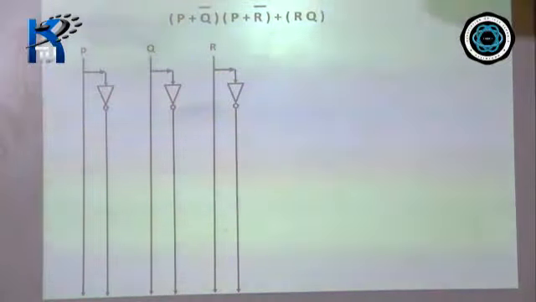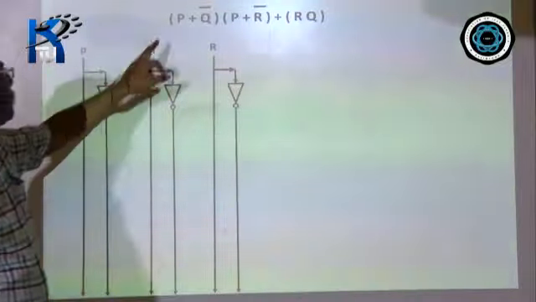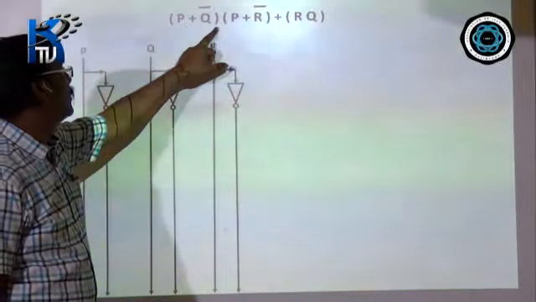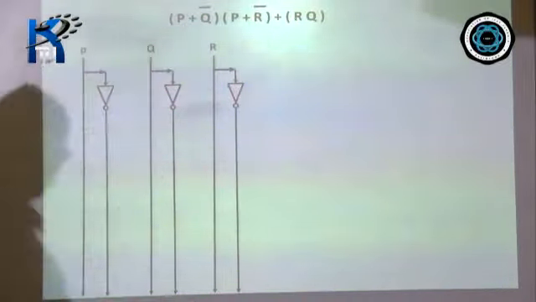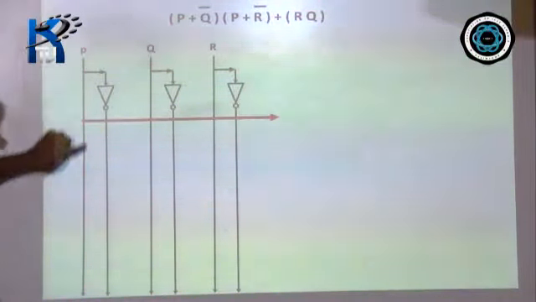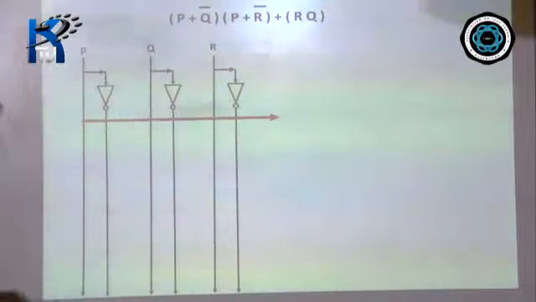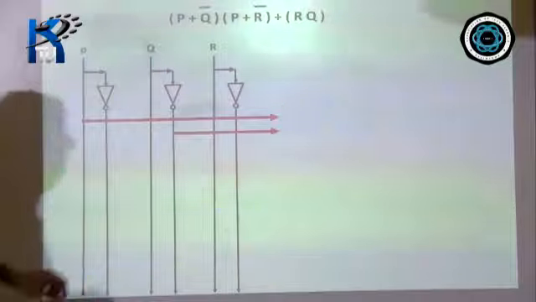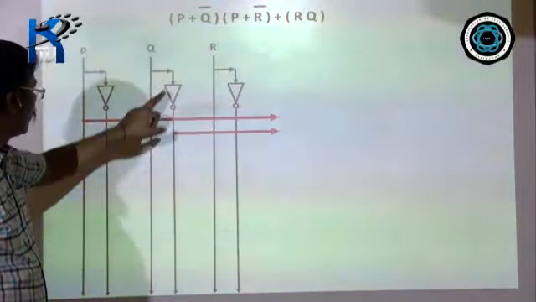in our diagram. Next comes P plus Q complement. We will solve this portion, P plus Q complement. So we take a line out of P. Remember, this is P. So we have taken a line out of P, and we need a line out of Q complement. So this is Q complement.